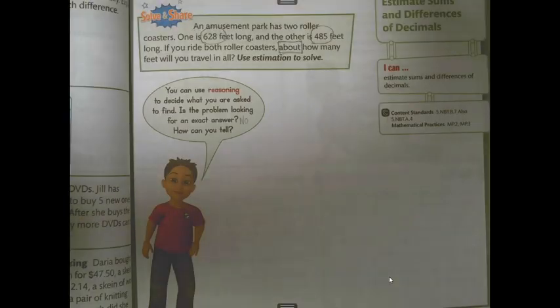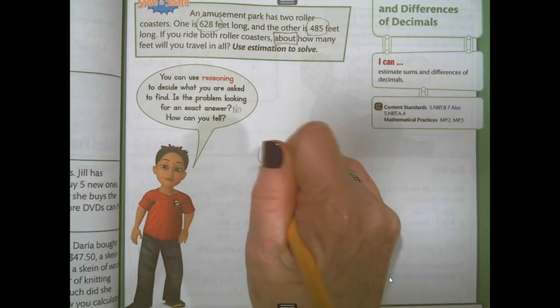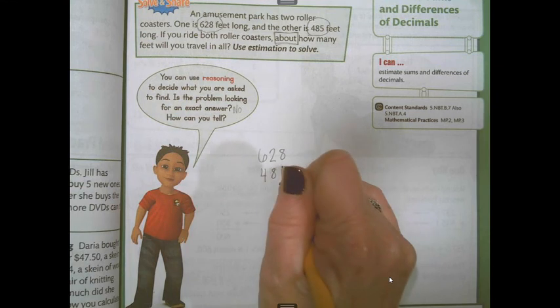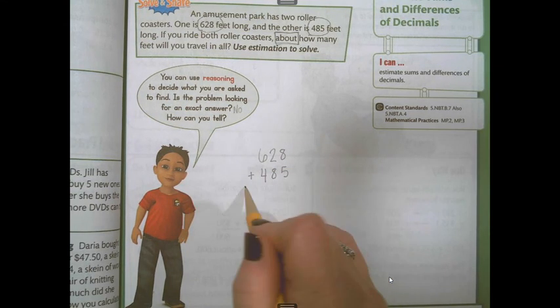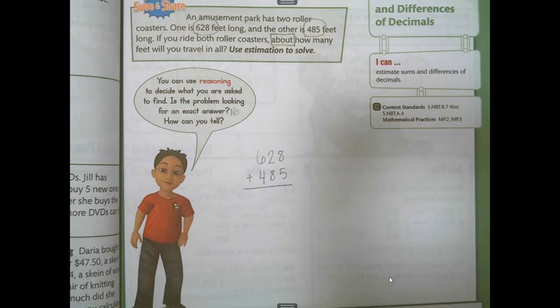All right, so let's talk about it. If we were to work the problem, we would be adding 628 and 485. That would be the length in feet of each roller coaster. All right, but we're not asked to find the exact answer. We're asked to find an estimate.